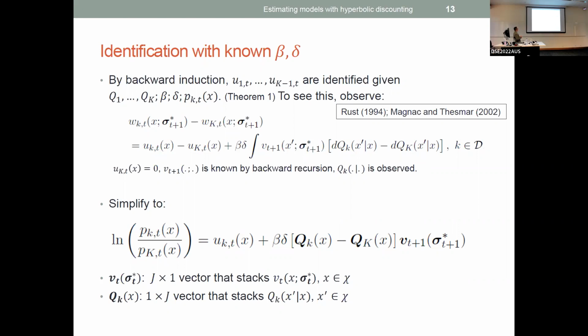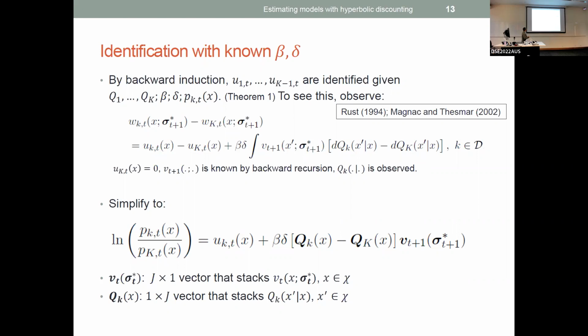You have the value contrast equal to the utility contrast plus the hyperbolically discounted expected long-run value function, integrated over this difference in the state transitions. And here, U big K is normalized to 0. By the backward recursion procedure, V t plus 1 is known, and the state transitions are observed.